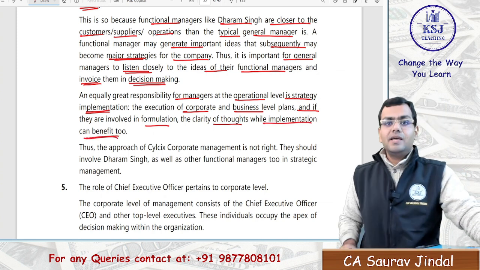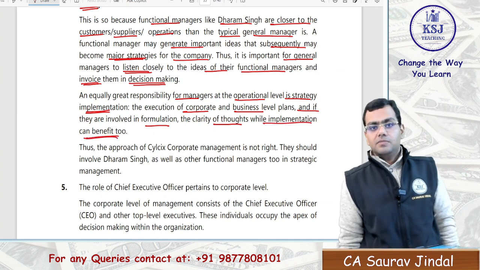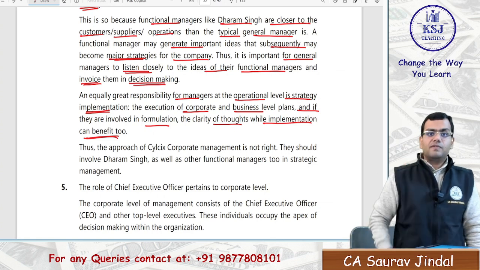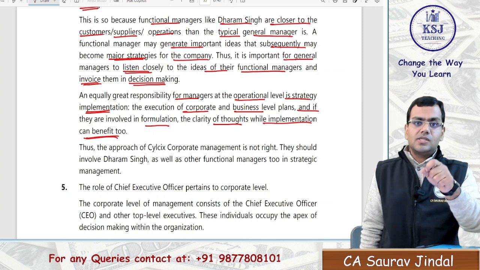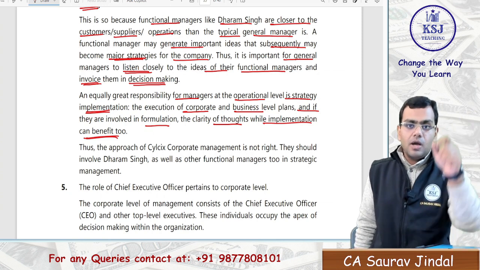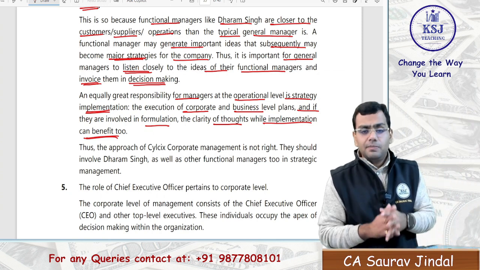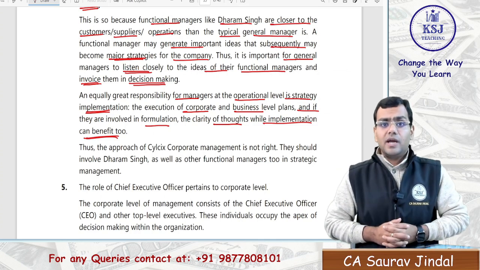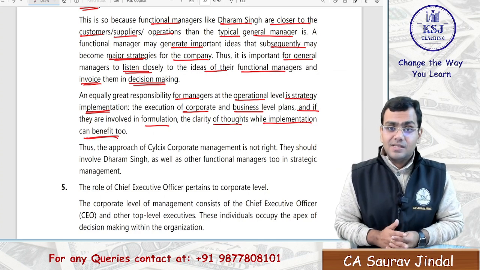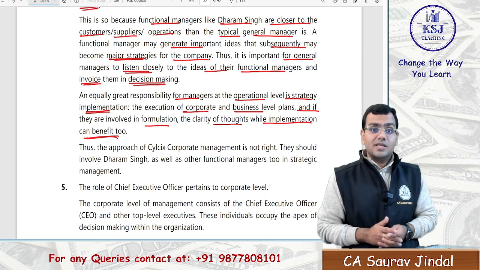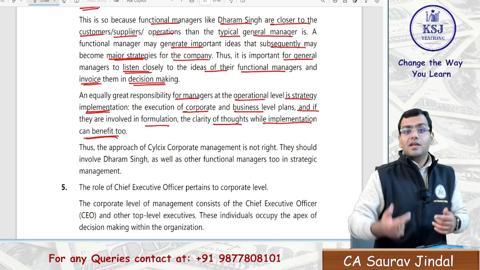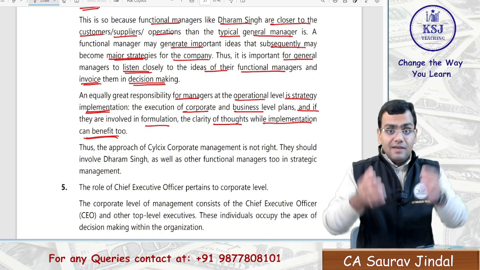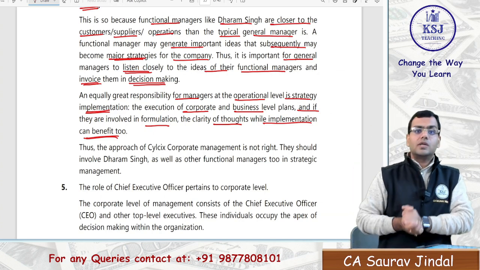He says, what is the responsibility of Dharam Singh? There is another responsibility of Dharam Singh, that he should implement whatever the strategies are prepared by the corporate level or by the business level managers. He should be implementing those strategies in the right way. But the solution says that if he is involved in the making of those strategies, he will take a better interest and he will have a clear mindset of what is to be done.